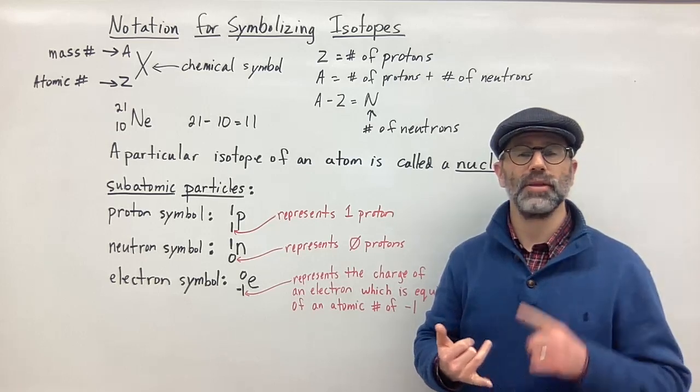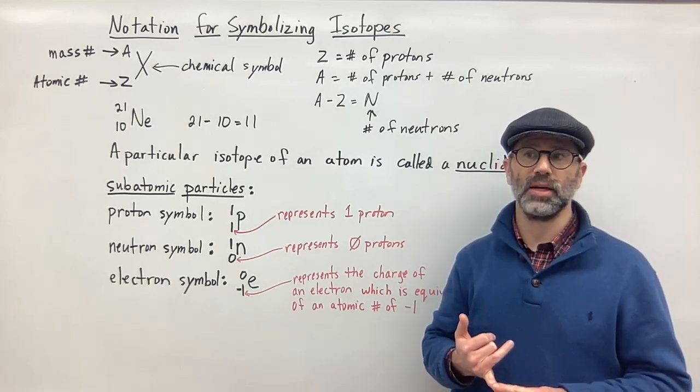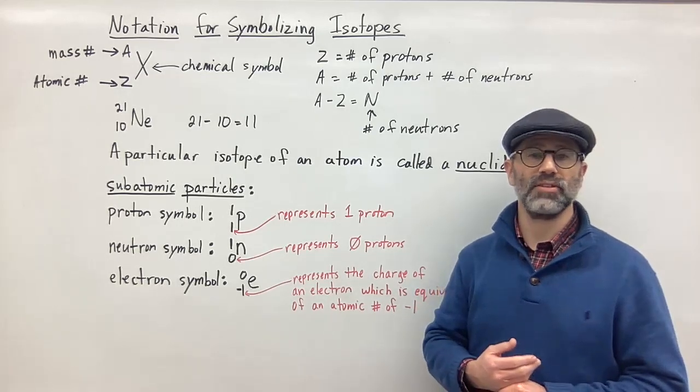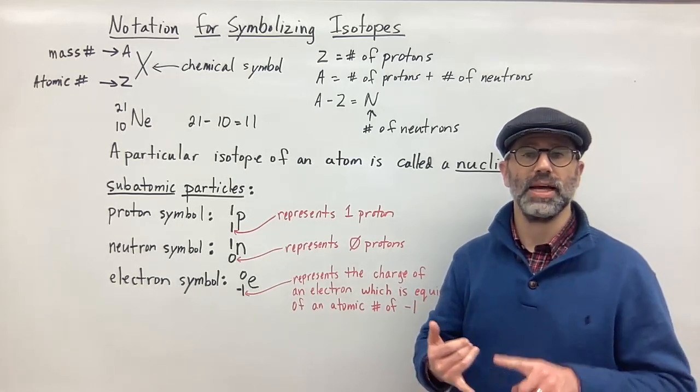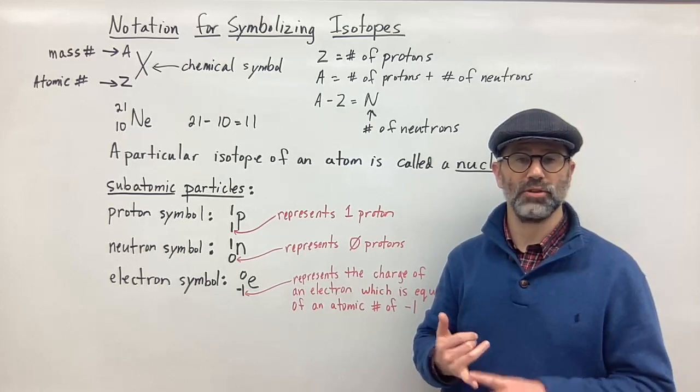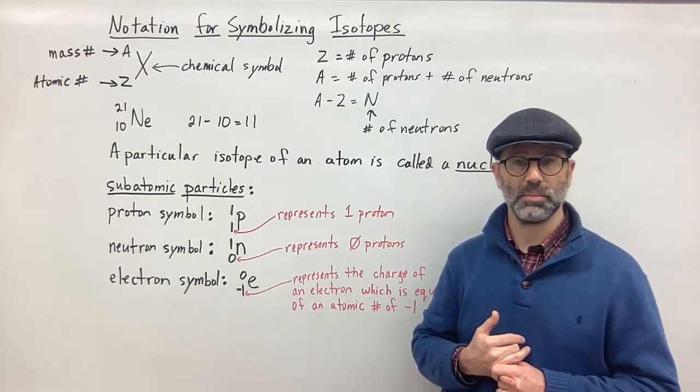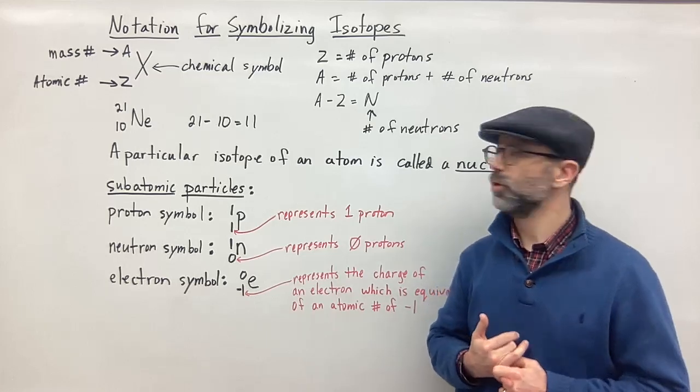So if we think about the mass number as being what the mass of the atom is, it makes sense that that would be the number of protons plus the number of neutrons. That might be a way to remember that, and that the atomic number is just the number of protons.